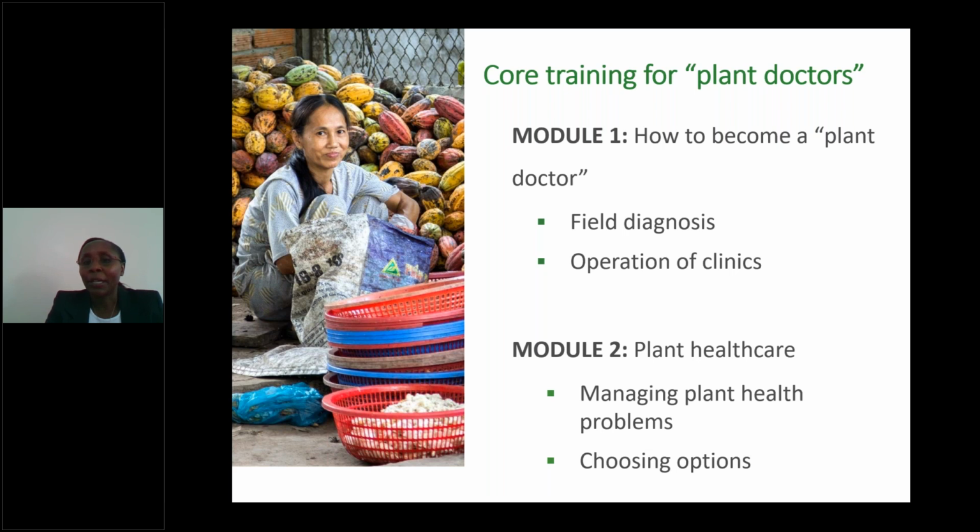Under this module, we train the advisory service providers in how to make a good diagnosis and how to operate a plant clinic. And then they also undergo a second training module, which is on plant health care, in terms of how to manage plant health problems and how to make a good recommendation to a farmer, depending on the problem that comes to the plant clinic. So essentially, next slide, please.